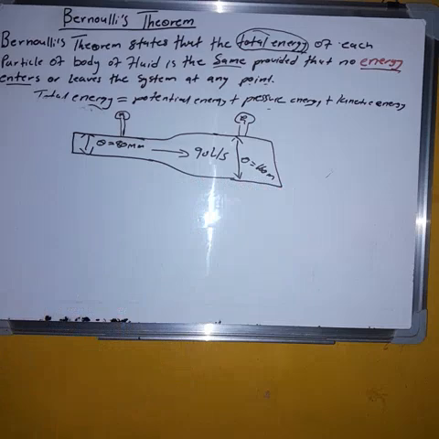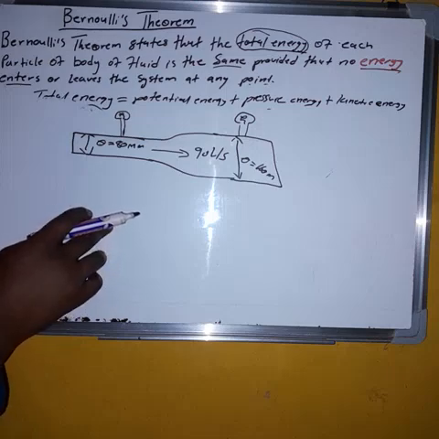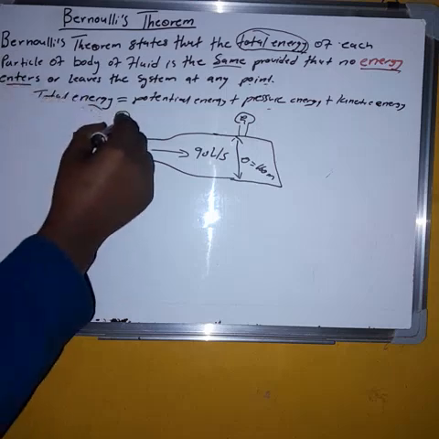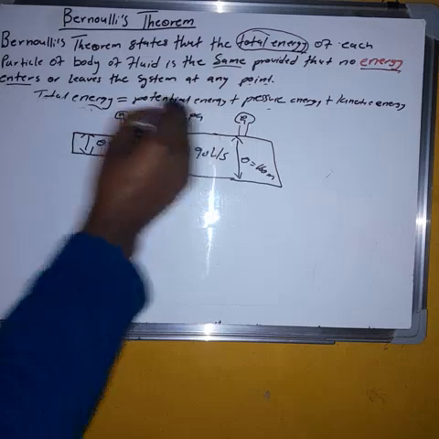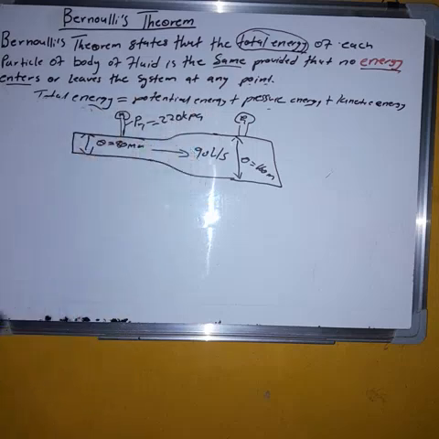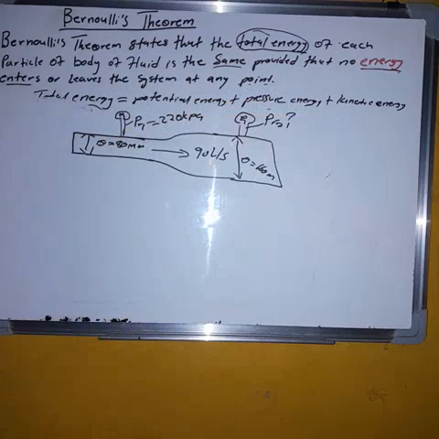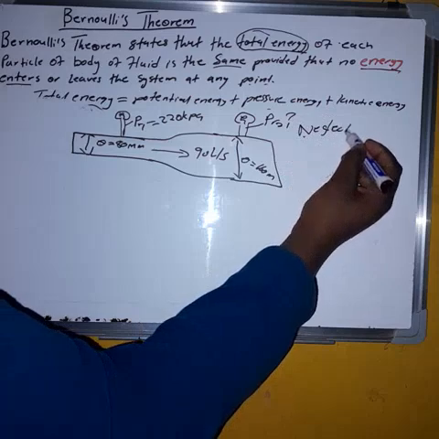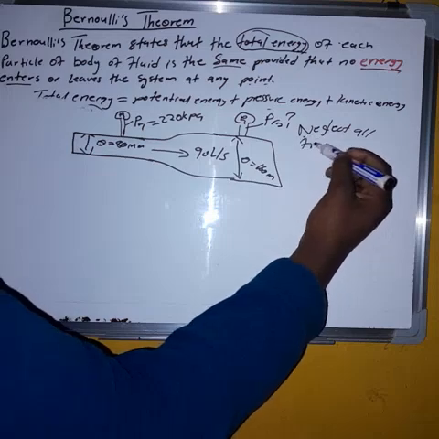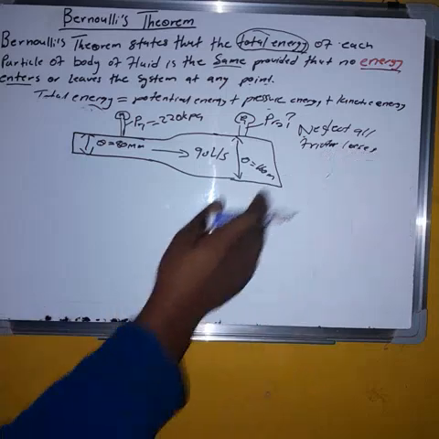Now I want to calculate pressure. Let's say we're given pressure 1 here, PR1, which reads 220 kilopascals. Now we want to calculate the pressure P2, and we neglect all the friction losses in the system.